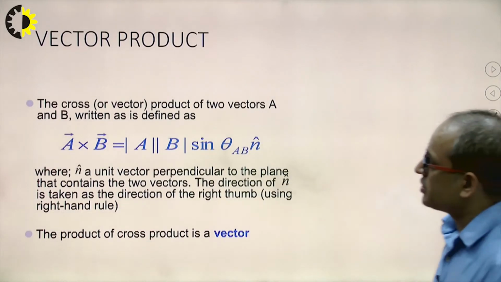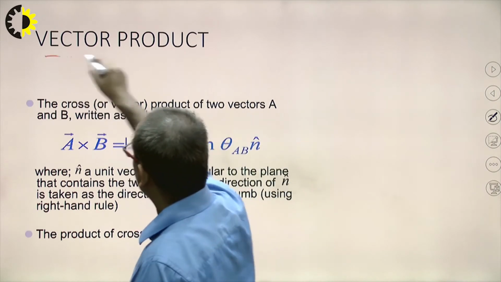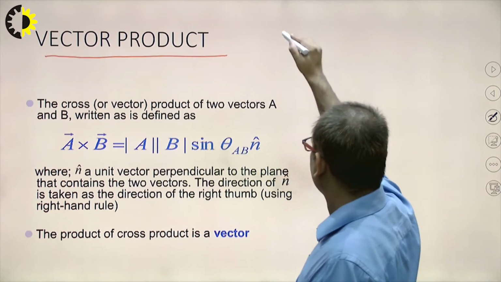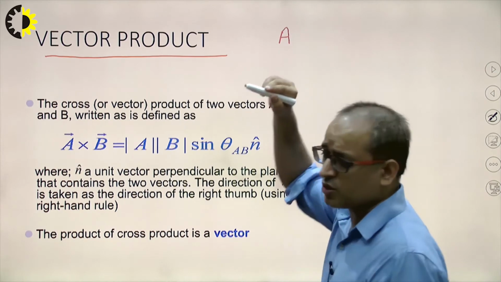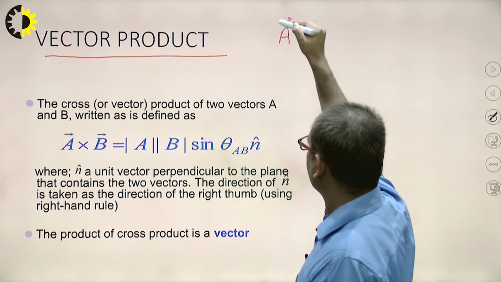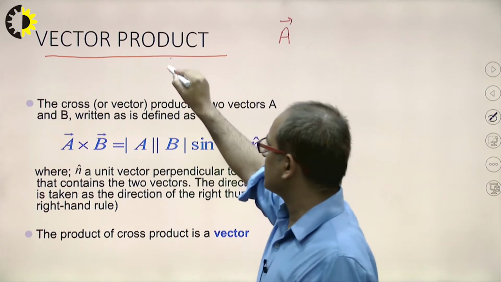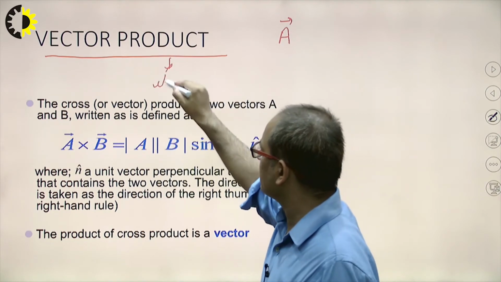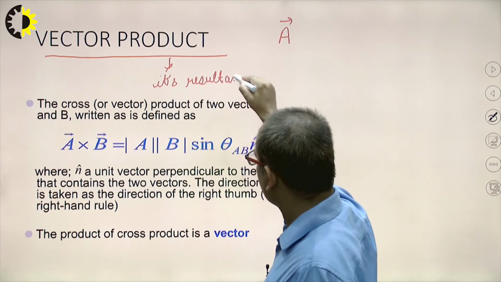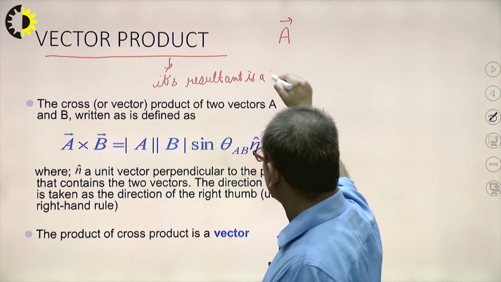Now the next one is the vector product. The vector product is another method of multiplying two vectors. Why is it called the vector product? Because its resultant is a vector quantity.